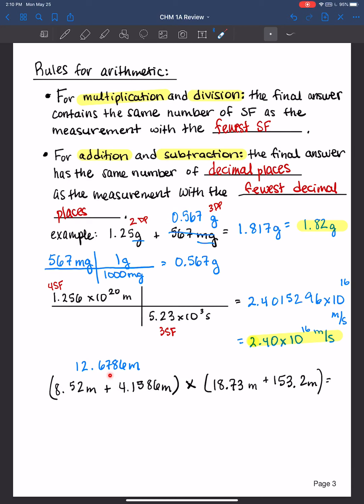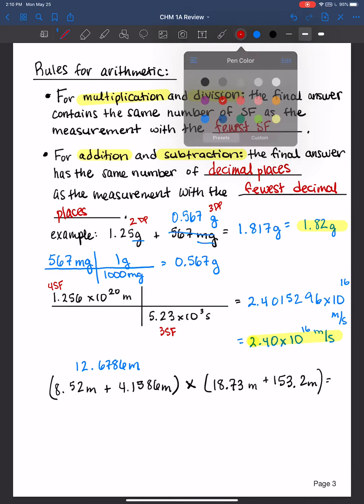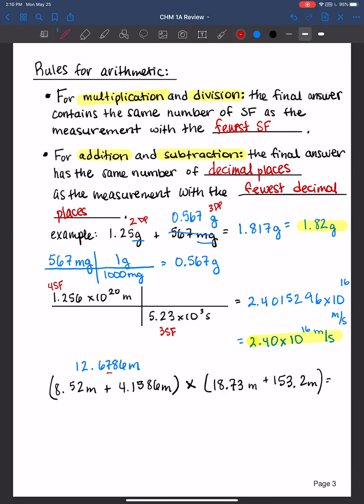Instead of rounding to 2 decimal places here, what I like to do is use a different color pen and underline. Say, okay, if I had to report a final answer here, it would have been reported to 2 decimal places. And I do the same thing for the other calculation here.